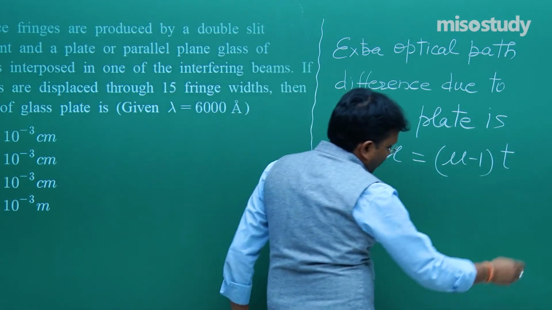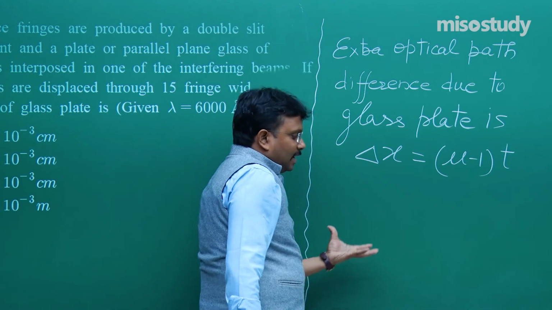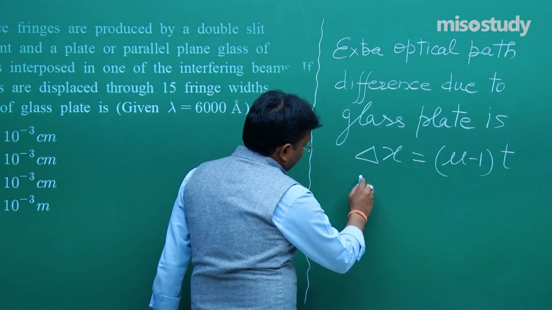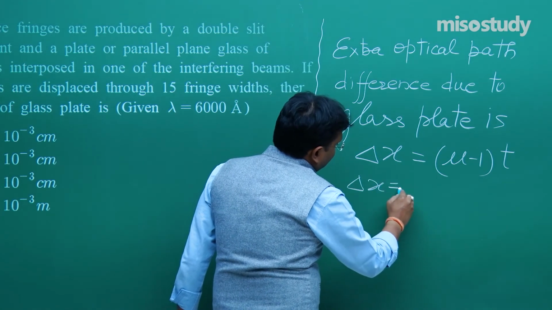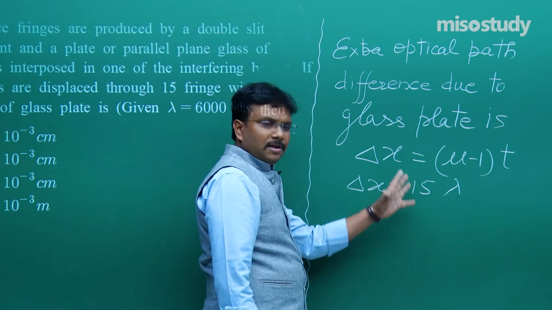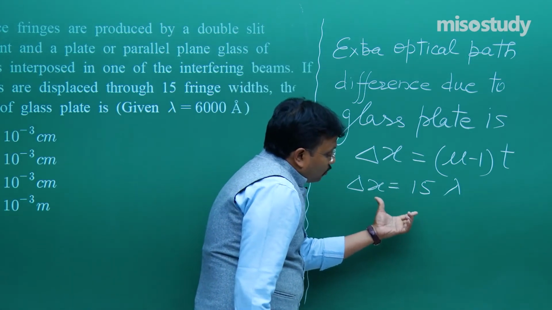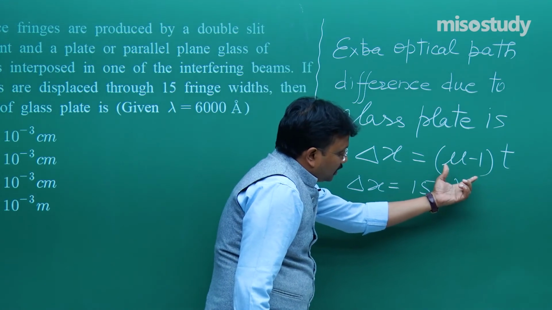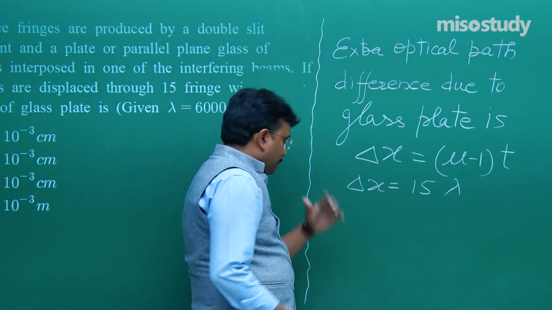Simple formula. Now, because 15 fringes are displaced, you can say delta x is equal to 15 lambda, basic replacement of the values. So from here, mu minus 1 into t is equal to 15 lambda.